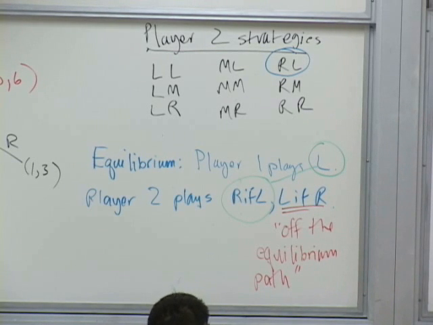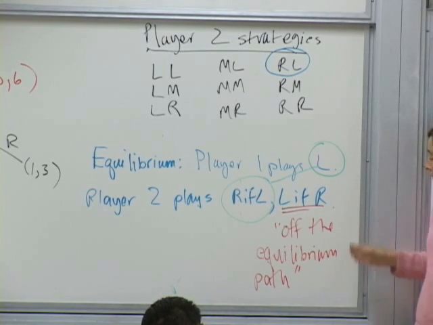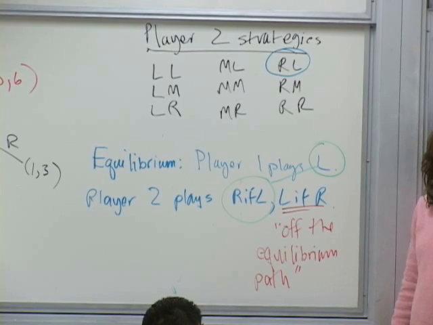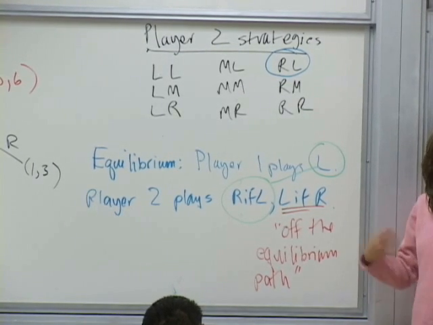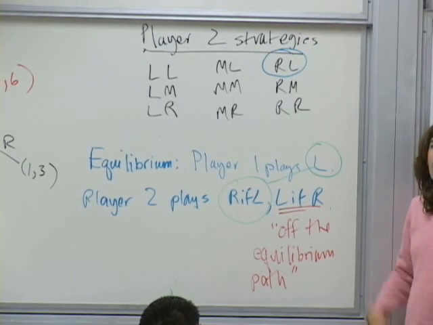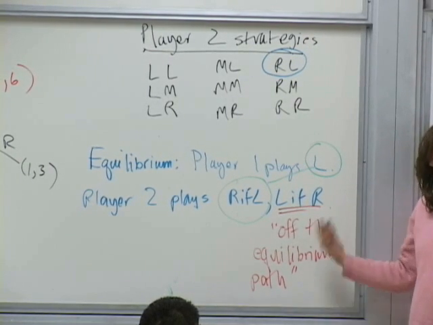Okay? Sometimes we think of these off the equilibrium path components as threats that never get exercised, bluffs that never get called, punishments that never need to be invoked.